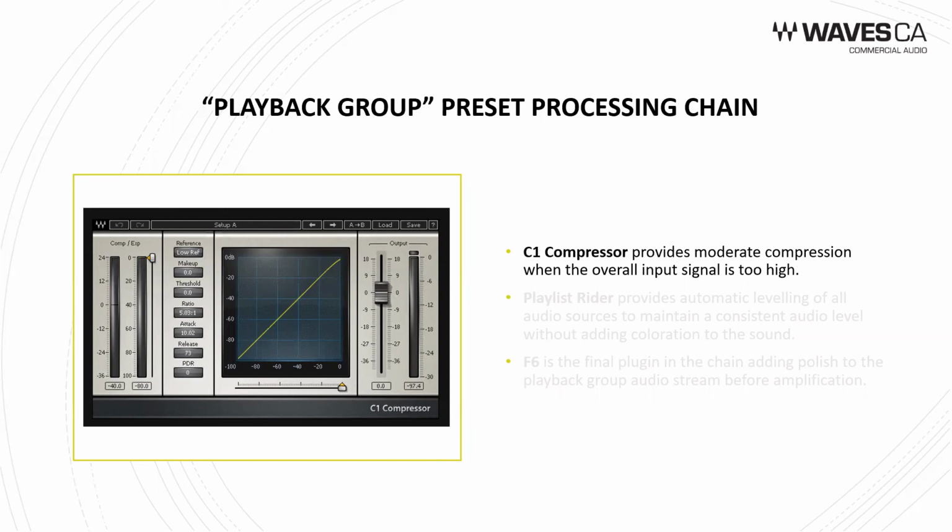The first plugin, as you would expect, is a compressor, but it's not doing significant compression. It's just a little bit of moderate compression just to handle the sources that are way too hot to begin with. So we want to make sure that the first place that the plugin hits is anything that's coming in that's just overly hot on the signal chain.